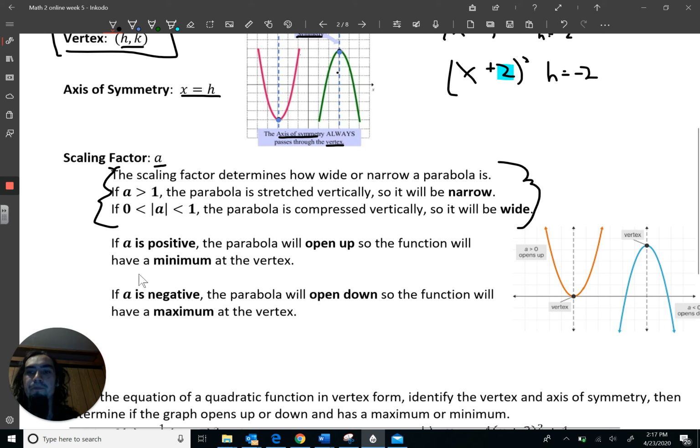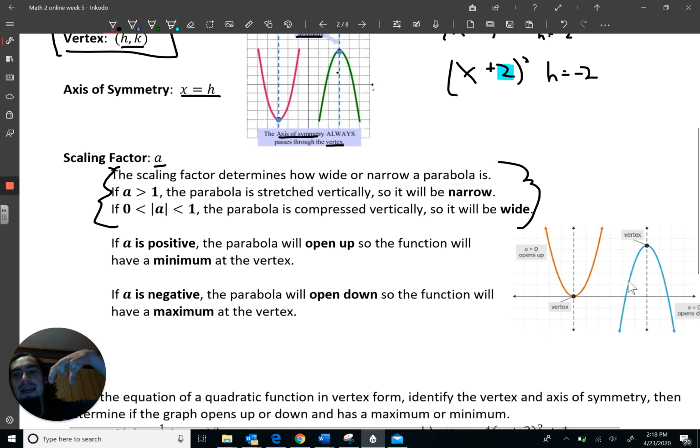Let's focus here. If a is positive, the parabola will open up. Okay, well, this one's opening up, like the letter U. That's how you can remember up, or the fact that it's pointing upward on both sides. So this one's opening up, and that tells us that our a value is positive, or vice versa. The a value positive means that it's up. And this blue one is opening downward.